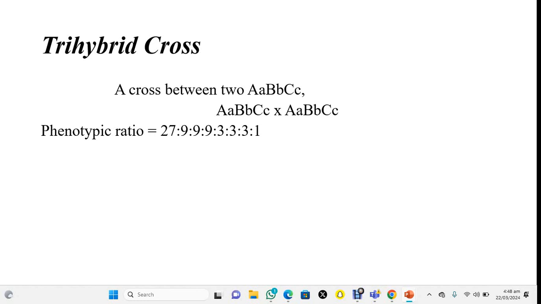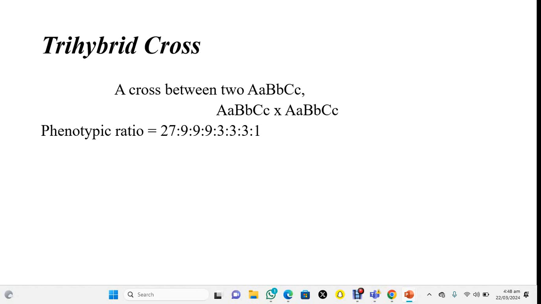And then out of that 64, 27 are going to have 3 dominant genes. So if you have 3 dominant genes and the total number of genes is 3, it means the recessive genes are going to be 0. Means you have capital A in there, capital B in there, capital C in there. So 3 dominant genes, 0 recessive. And then the 9 represents 2 dominant genes.